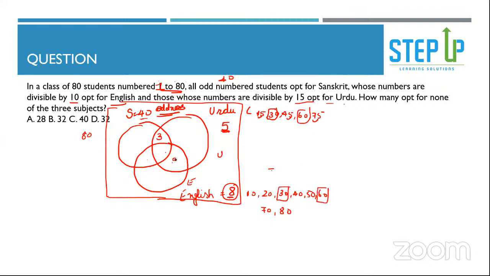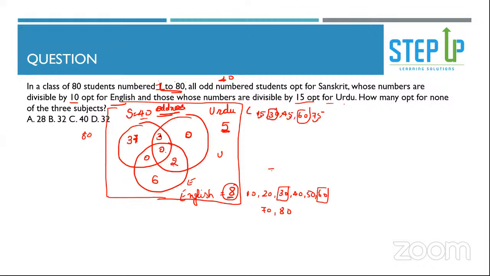It means that 2 people will be here. 3 people are here. It means that 0 people will be knowing only Urdu. If 2 people are there, it means that remaining 6 has to be here, and this has to be 0, and this has to be 37.